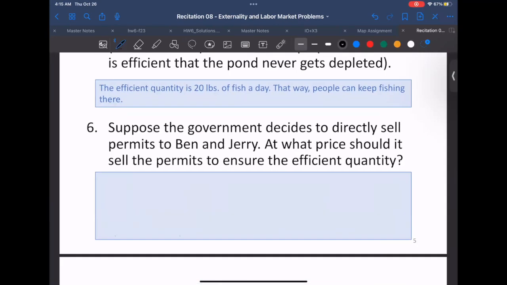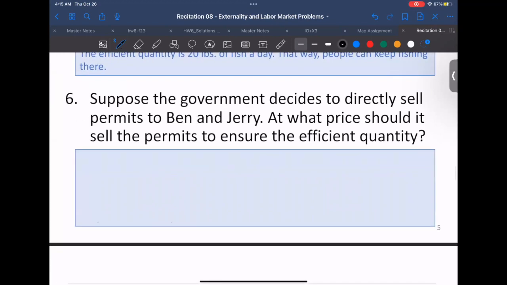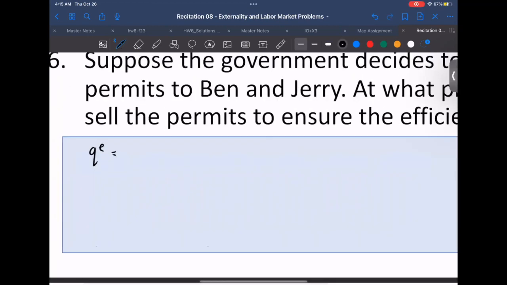Now, suppose the government decides to directly sell permits to Ben and Jerry. We did this last recitation. At what price should it sell the permits to ensure the efficient quantity? So the efficient quantity, we're going to call that quantity efficient, and we know that that's going to be 20.